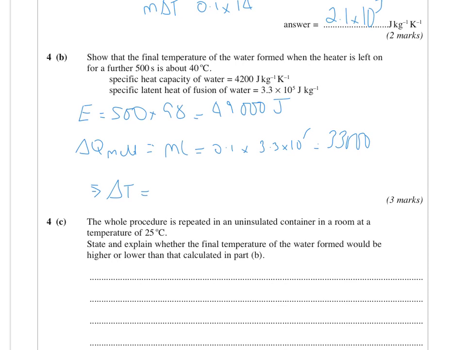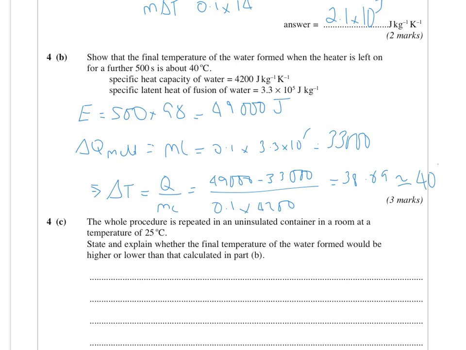So delta T is going to be Q over MC, which is going to be 49,000 minus 33,000, so that's the heat energy left over, and 0.1 times 4200. Okay, so 49,000 minus the answer from the previous question, divided by 0.1, divided by 4200, which is 38.09, which is approximately 40 degrees C. It started at 0, so that's what it's going to finish at.